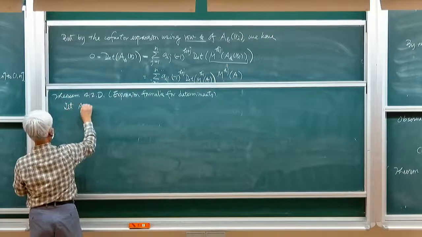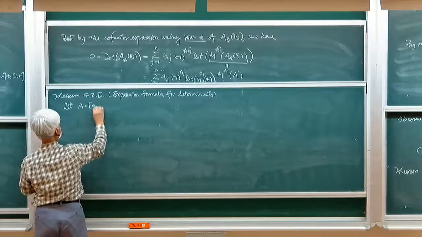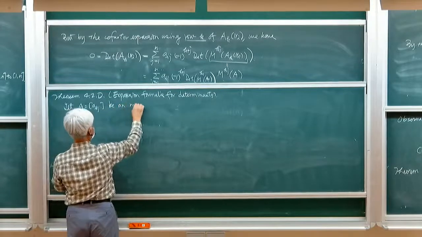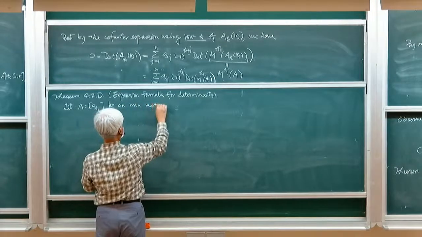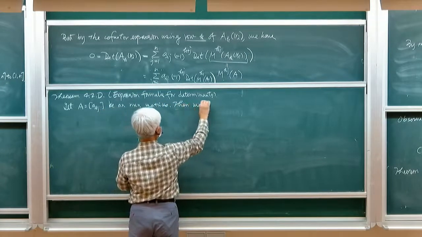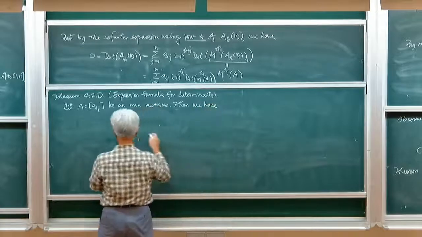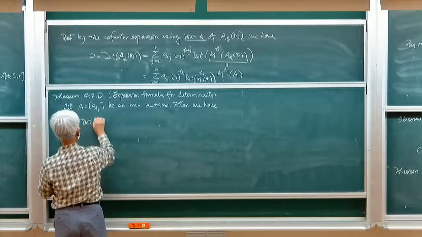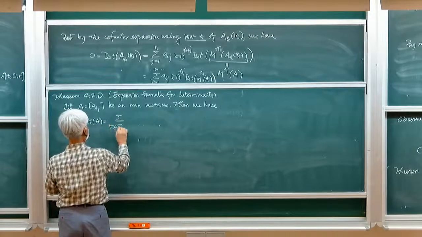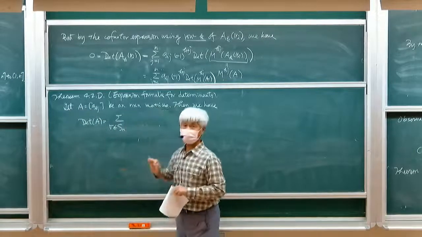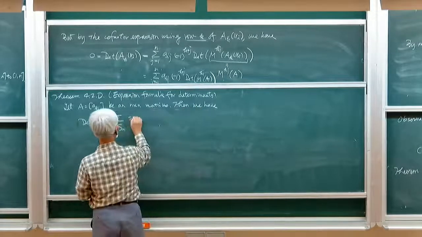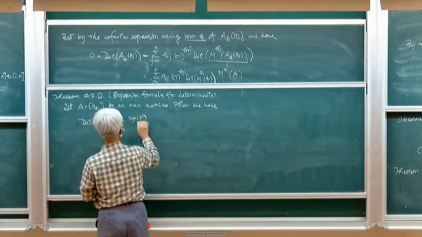Let A be an n by n matrix. Then we have the following expansion of the determinant of A. We sum over all possible permutations, and each term has a sign of sigma.